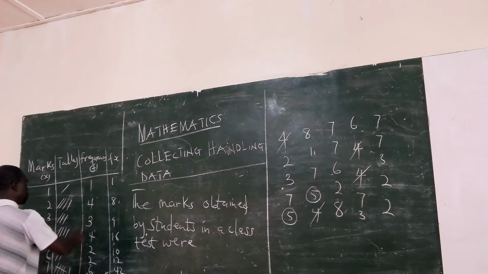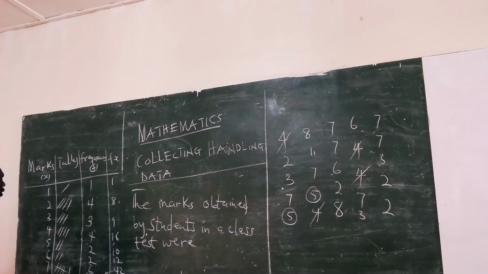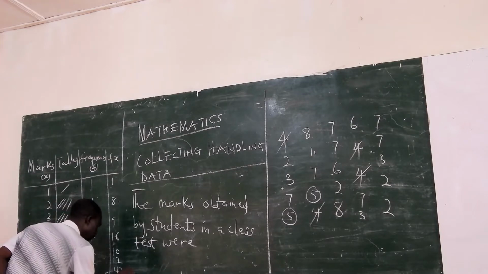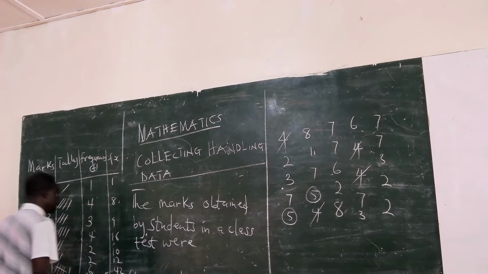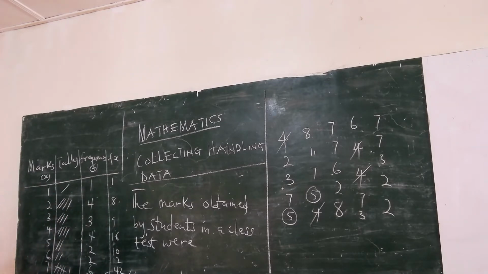So after finding the product of the Fx, we are going to sum all of these values. We've got the summation of Fx.